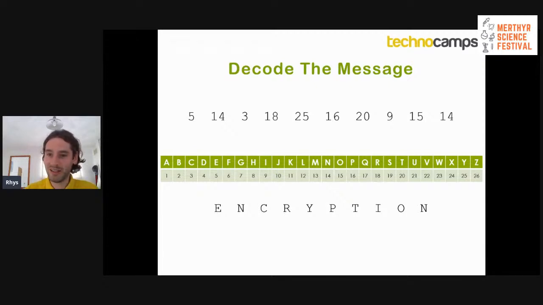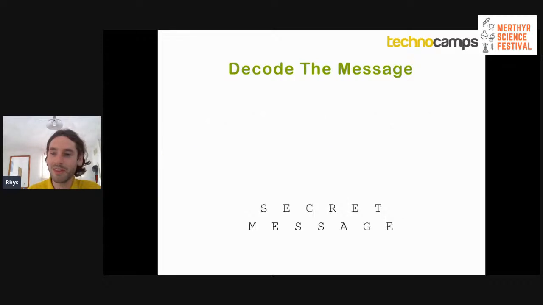Now the next one I'm going to show, I want you to try and convert into the coded message using the code where A is 1, B is 2, C is 3, and so on. So here's the message. Can you encrypt it this time?